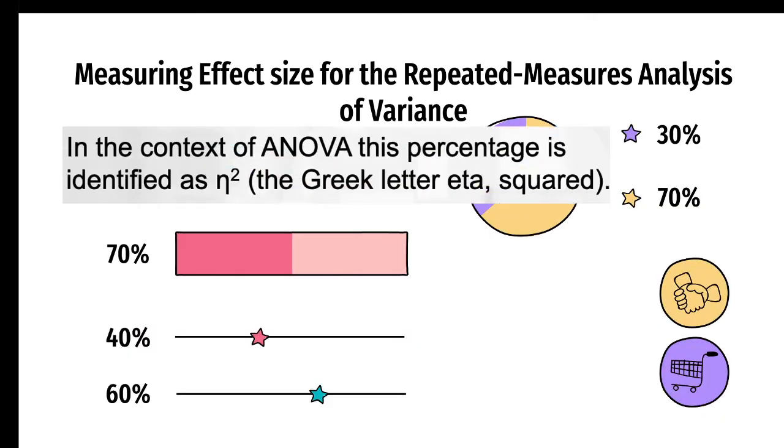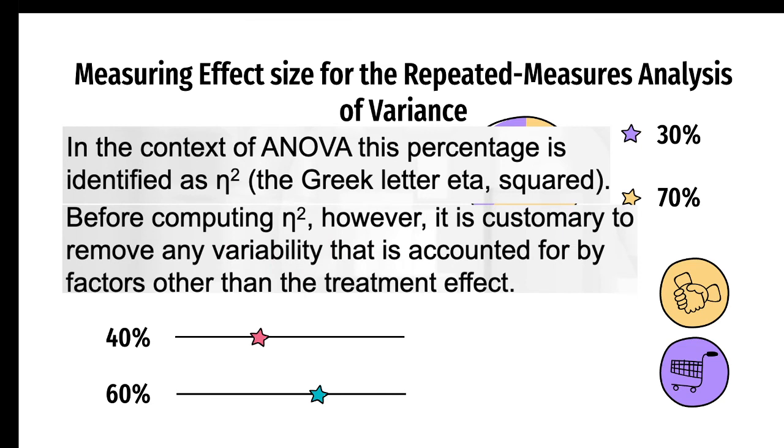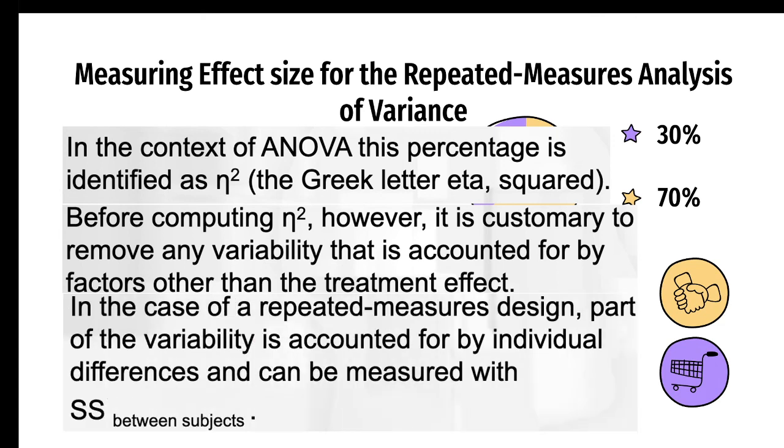In the context of ANOVA, the percentage is identified as eta squared, the Greek letter eta squared. Before computing eta squared, however, it is customary to remove any variability that is accounted for by factors other than the treatment effect. In the case of repeated measures design, part of the variability is accounted for by individual differences and can be measured by SS between subjects.